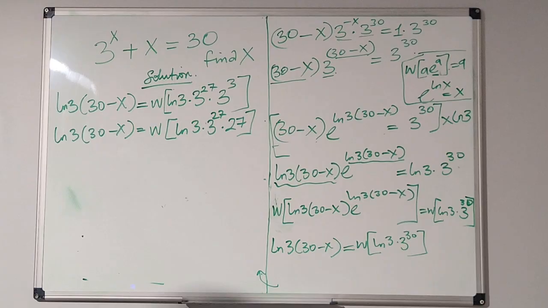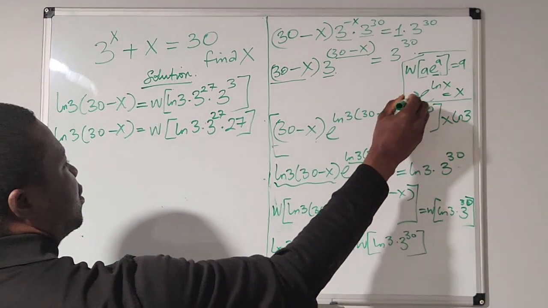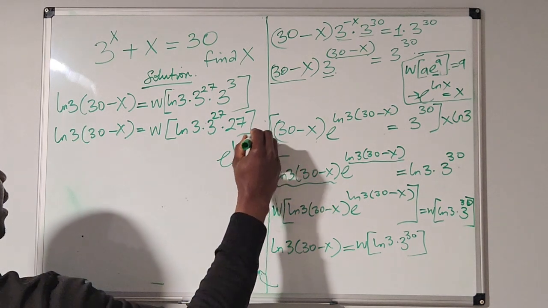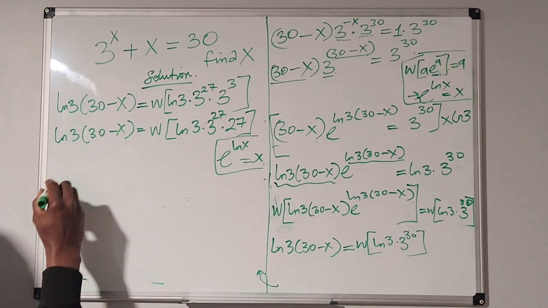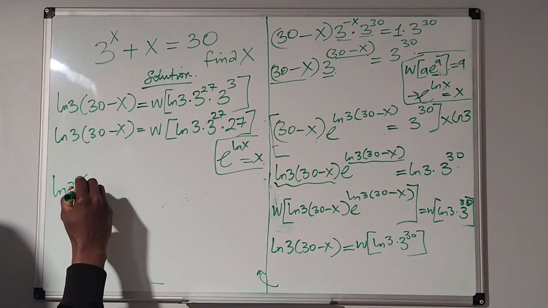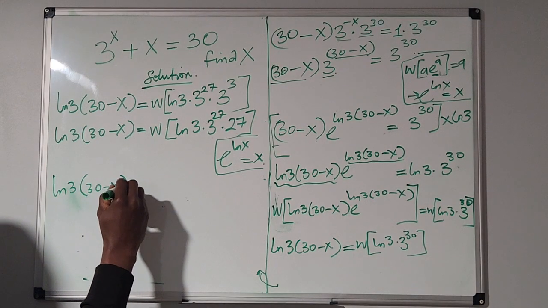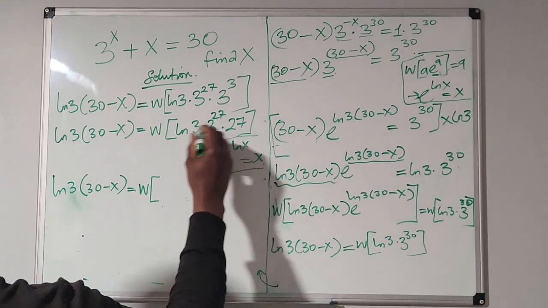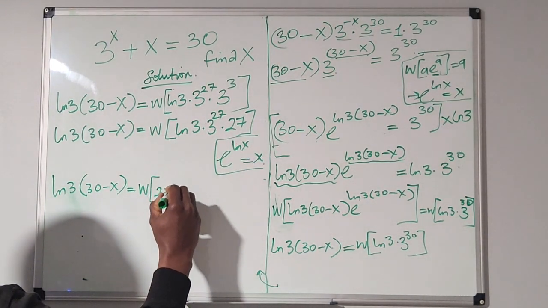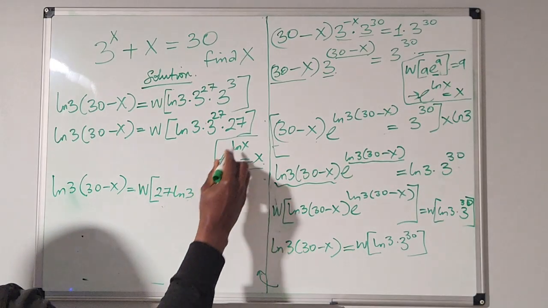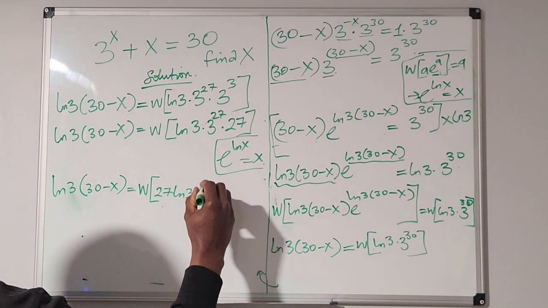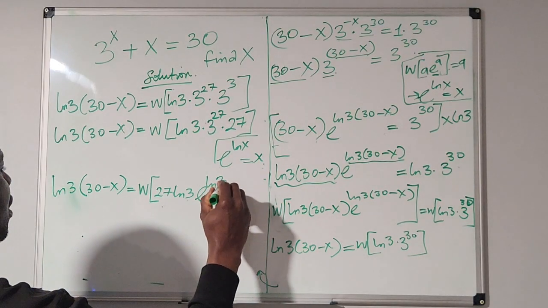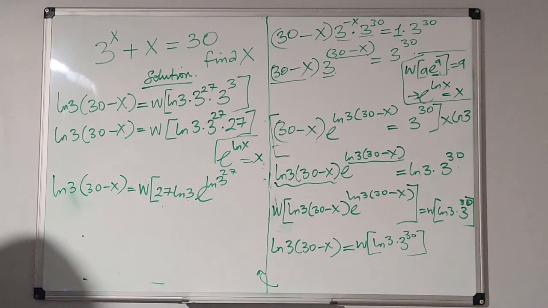Right. So we go back to that formula: e raised to power ln x equals x. So we have that ln 3 (30 minus x) is equal to W of 27 ln 3, e raised to power ln 3 raised to power 27.